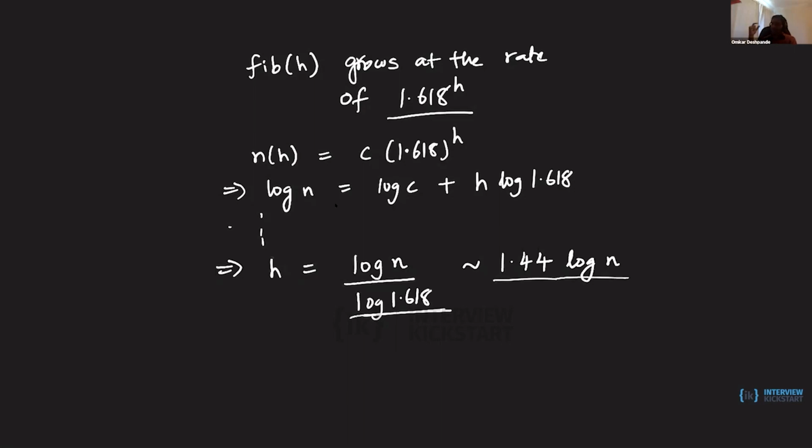That means the height of the tree is not exactly log n, but it's growing at the rate of 1.44 log n. So it's more flexible compared to a complete binary tree whose height would actually be exactly log n or log n plus 1, something like that.